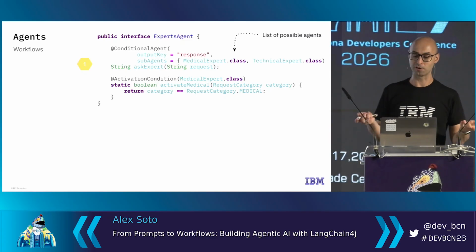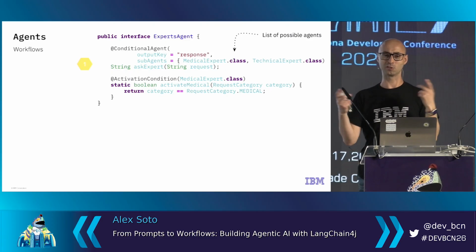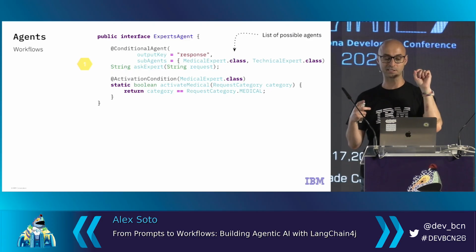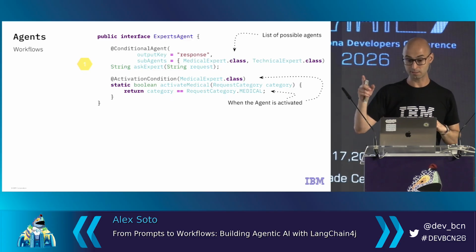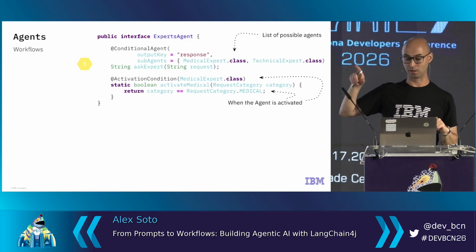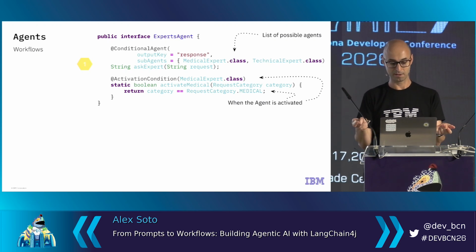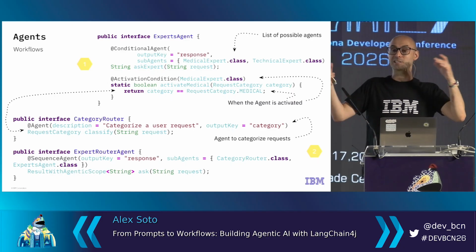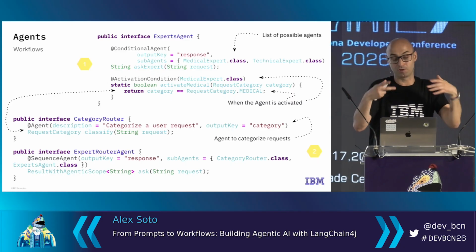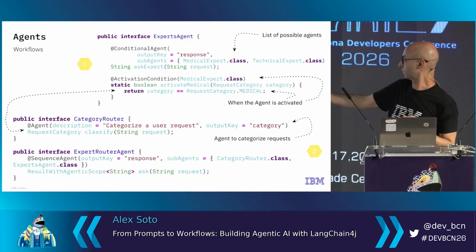Also, I can do a conditional agent. So I've got two agents, medical expert and technical expert, which I need to call. Then I've got the activation condition annotation, where basically I say, hey, activate the medical expert agent when the category is medical. Now, I will have another agent, which will classify the input message or the user message. And in this case it is another agent that returns agent category, like here.